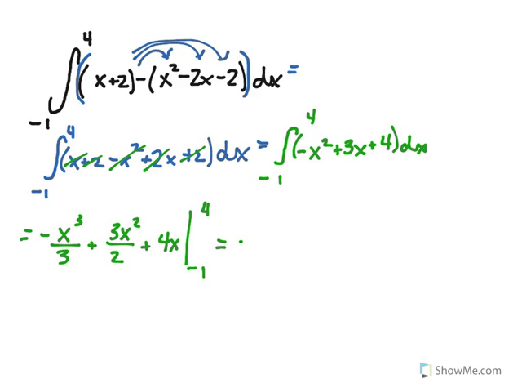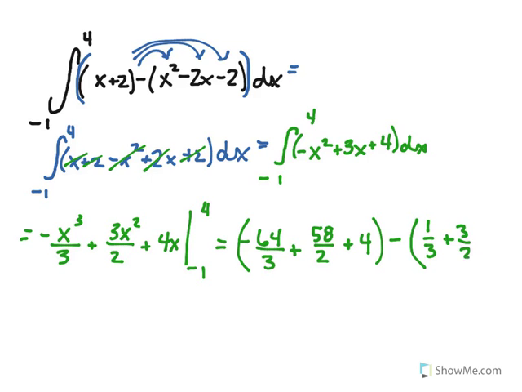So it's going to be equal to negative 64 over 3 plus 48 over 2 plus 4, putting all that in parentheses, minus, close parentheses, negative 1 cubed, negative, which is 1/3, plus 3 over 2, sorry, minus 4.